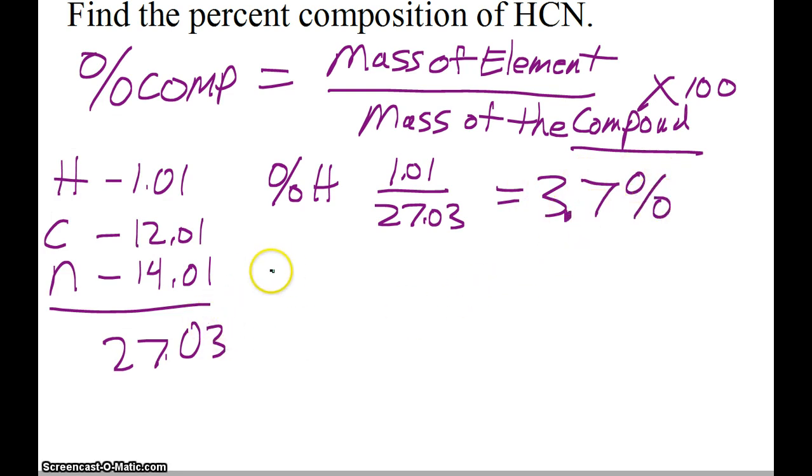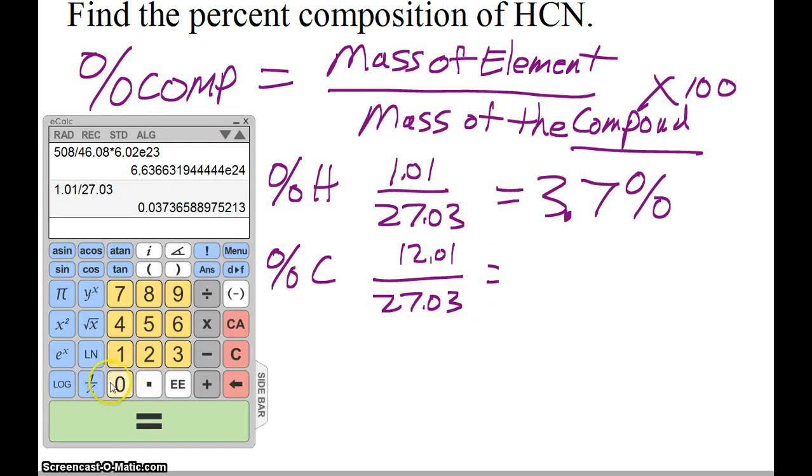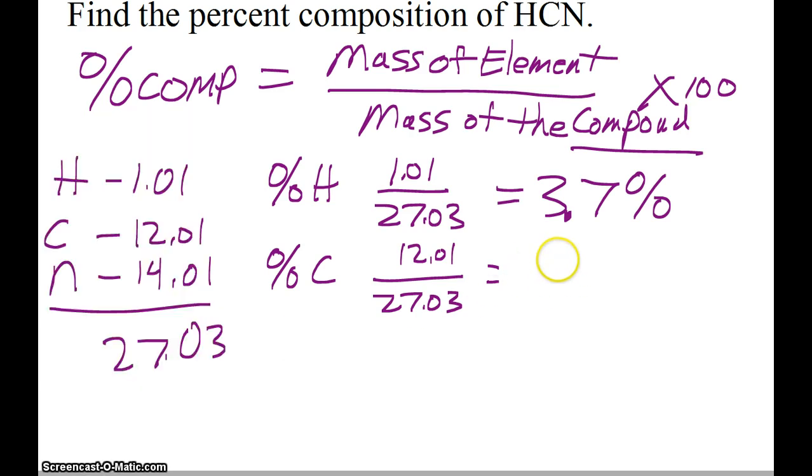I already took the decimal and just multiplied by 100 there. If we want to find our percent of carbon, we take that 12.01 divided by 27.03. See what that equals. So 12.01 divided by 27.03 equals 44.4.